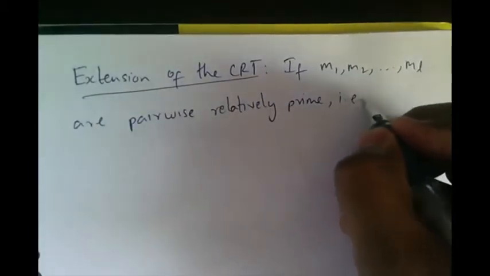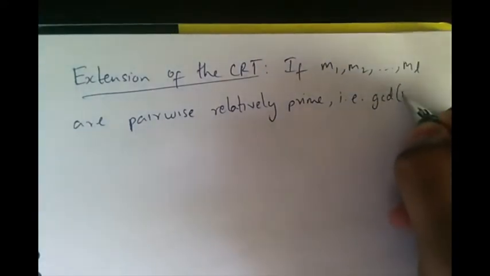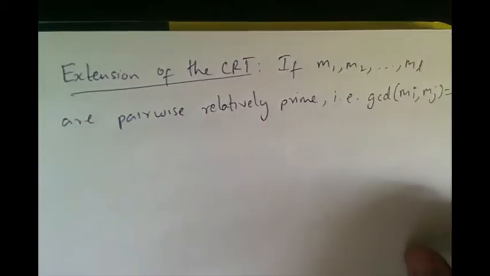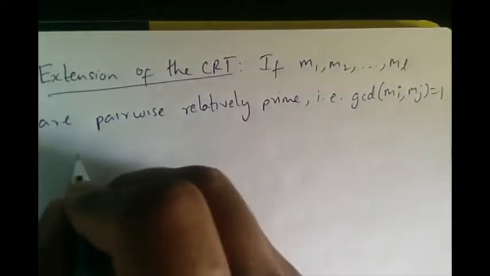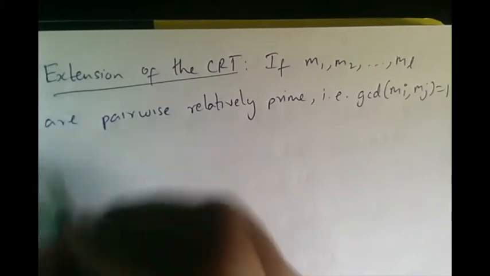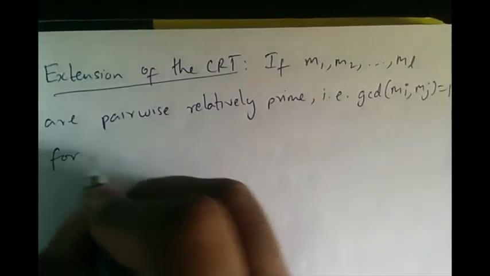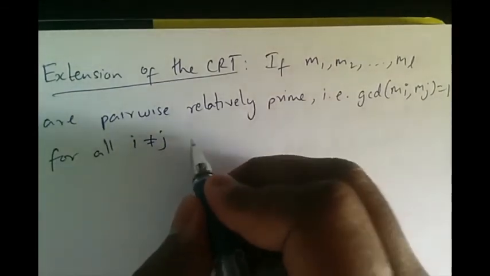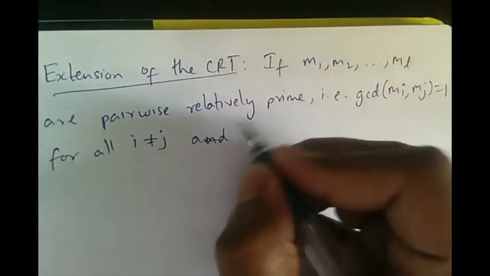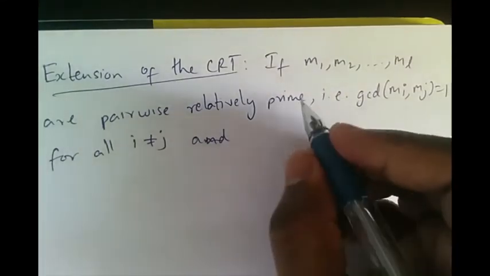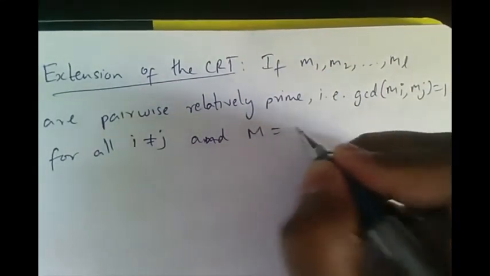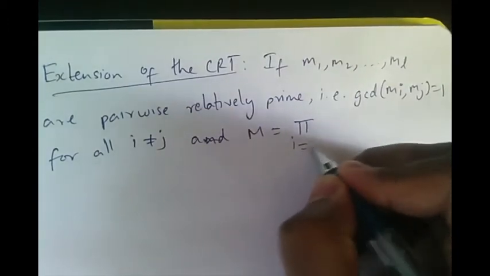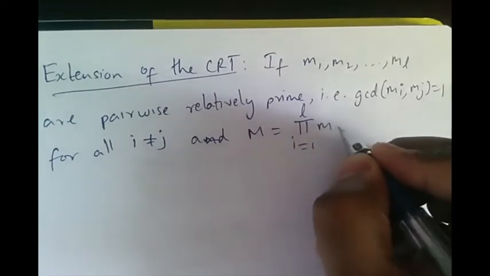That means that the GCD of mi and mj is 1 for all i not equal to j, and so all these integers are greater than 1. I'm not writing that, but that is implicit. And you calculate, let's say, capital M as the product of all these integers. So this is going to be that modulus here: the product for i from 1 to L of mi.